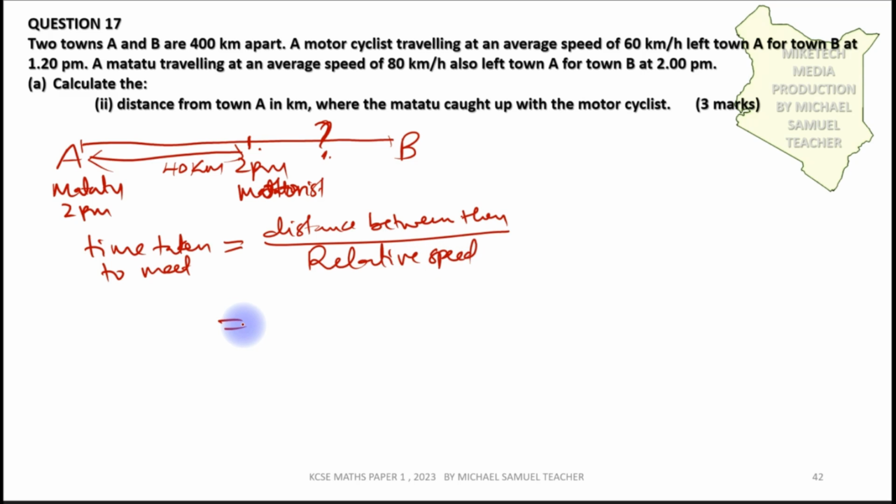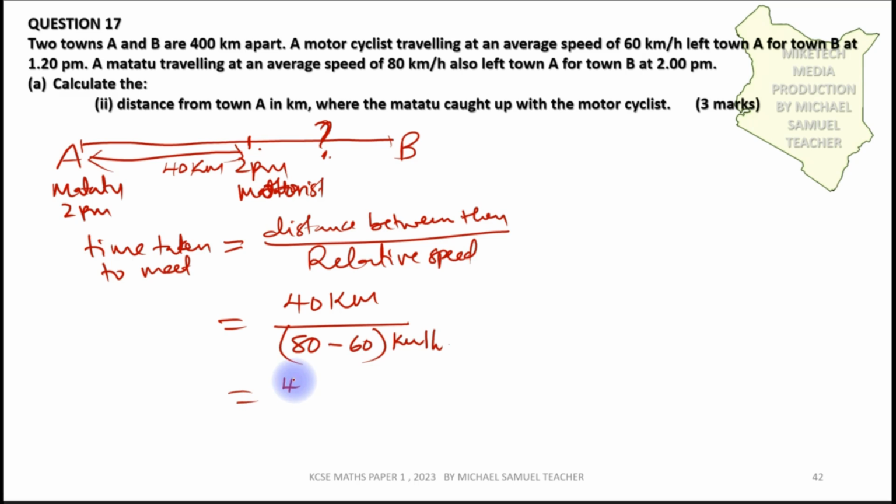By 2 p.m. the distance between them was 40 kilometers, as we got in Roman 1 of part A. And the relative speed, since they are moving in the same direction, is the difference in speed. So 80 minus 60 kilometers per hour.